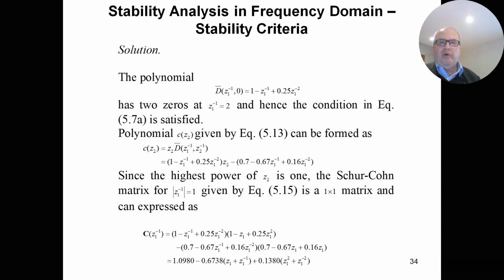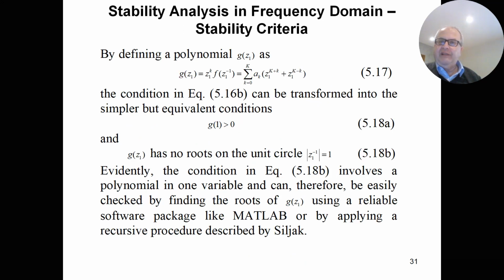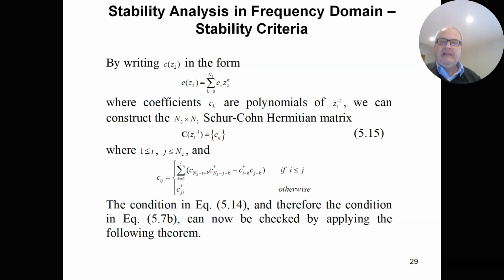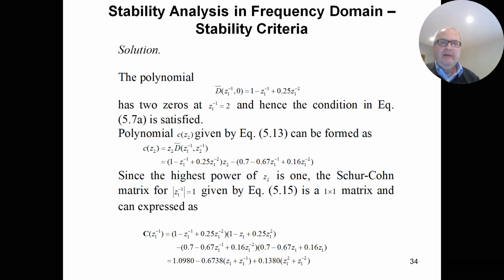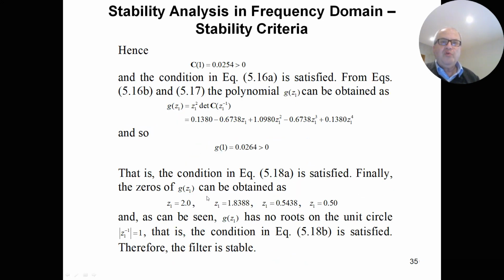Since the highest power of z2 is 1, the Schur-Cohn matrix for Z1 minus 1 absolute value given by equation 5.15, where is equation 5.15? 5.15 is how we create the Schur-Cohn Hermitian matrix. It is a 1 by 1 matrix and can be expressed as follows.